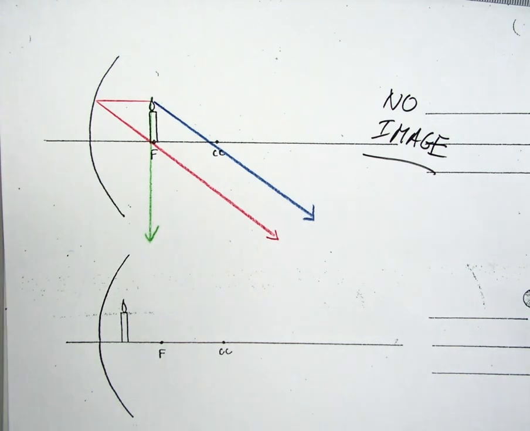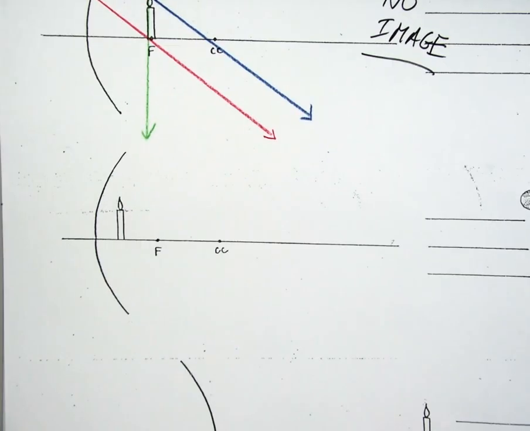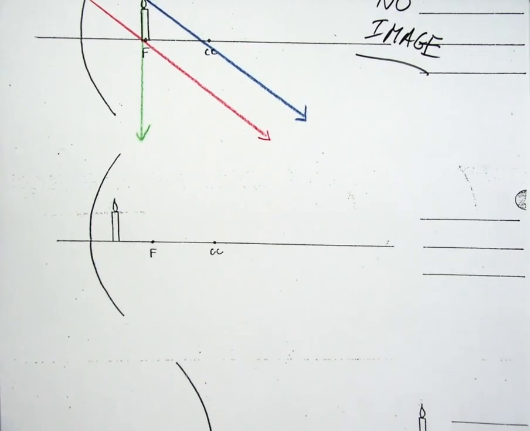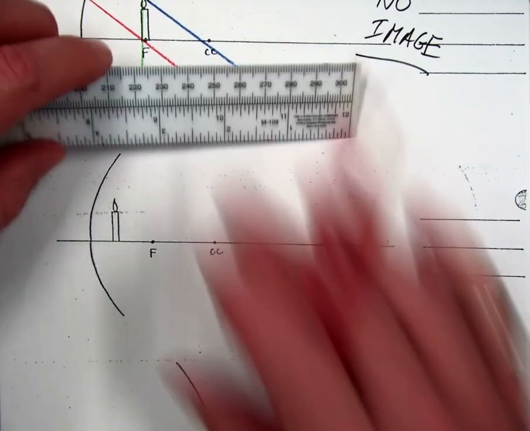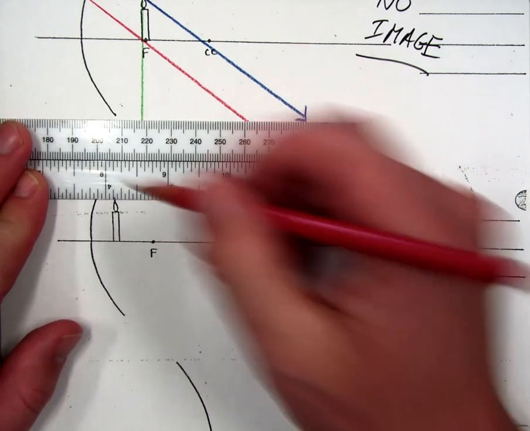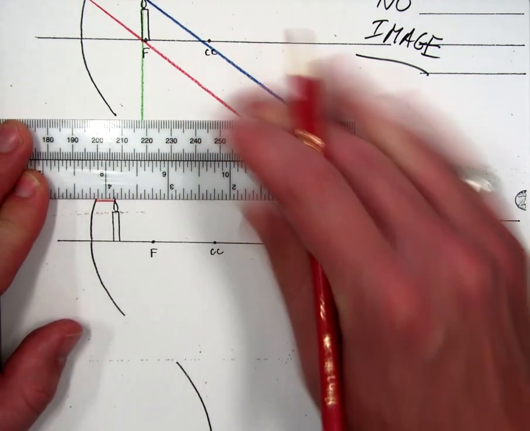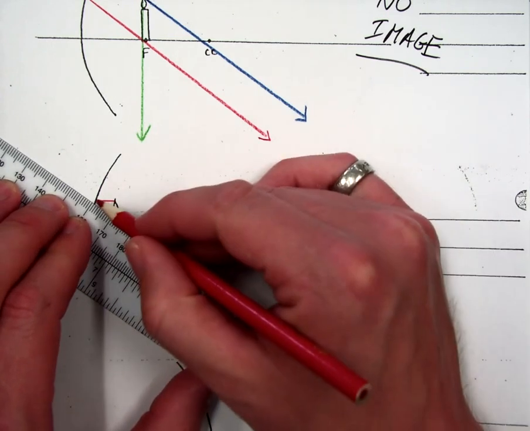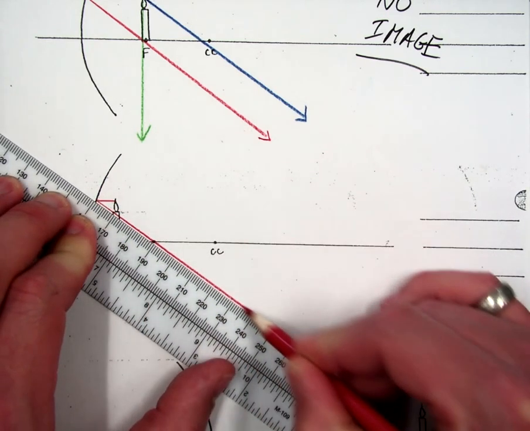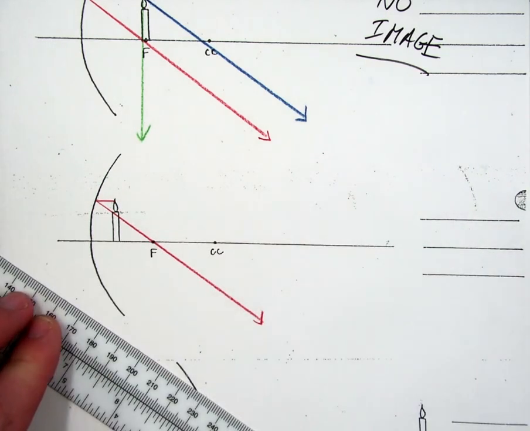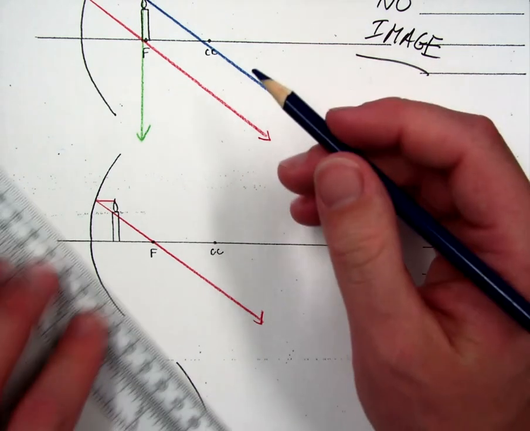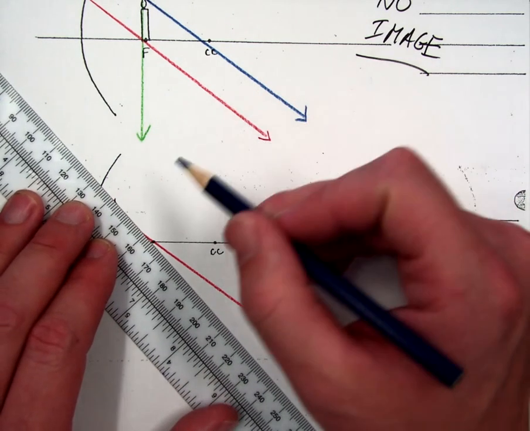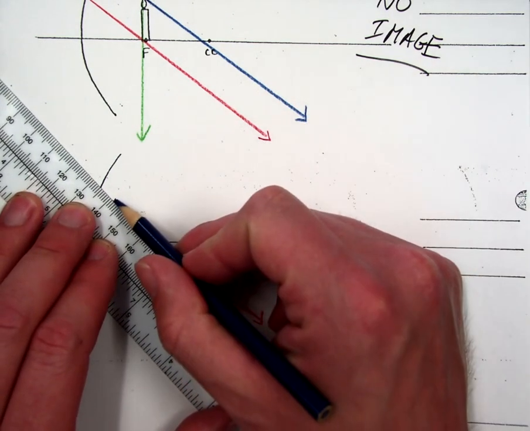However, what if the object, instead of at the focal point, is now closer than the focal point? My first ray comes in parallel and comes back through the focal point. My second ray comes toward the focal point, but I'm not going to hit the mirror that way.